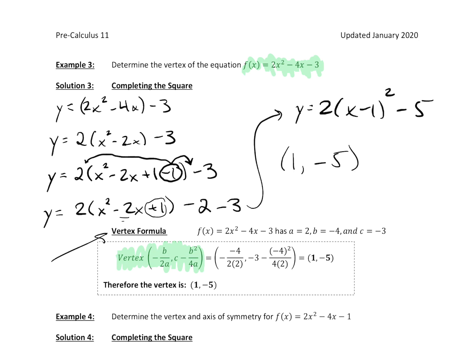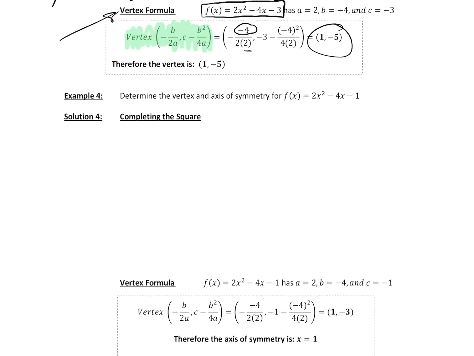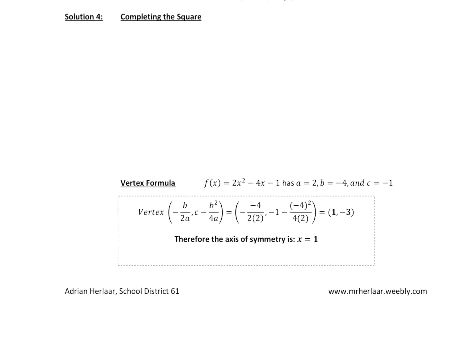You can see here it plugs into the formula. You need to be in this form for your ABCs. You plug the b in, b is negative 4. You plug the a in, a is 2. And you get the same vertex. Awesome, but complete the square. Just work on completing the square.